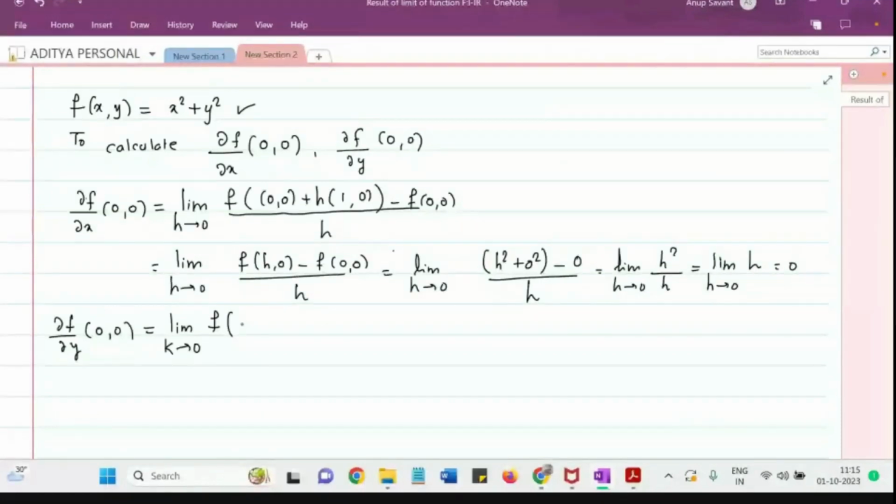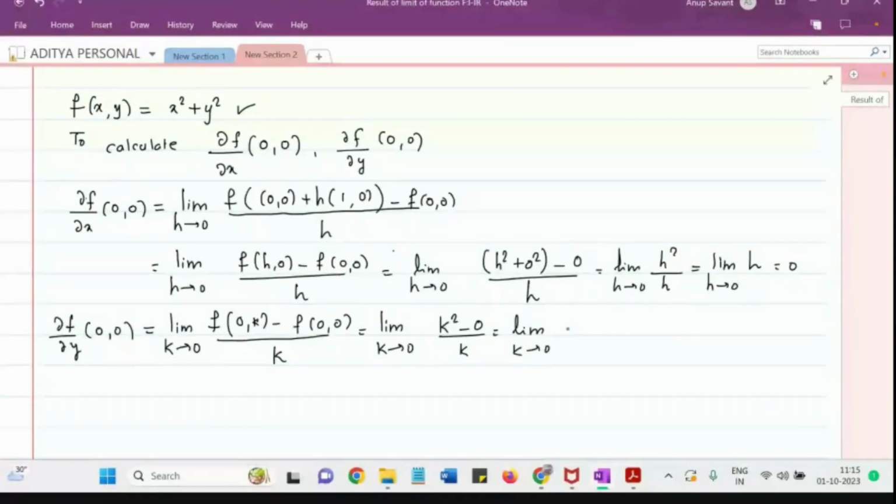It is f of 0, k minus f of 0, 0 divided by k. You can simplify this. On solving, this will be simply k square minus 0 upon k, and hence it is the limit k approaching 0, and hence 0.